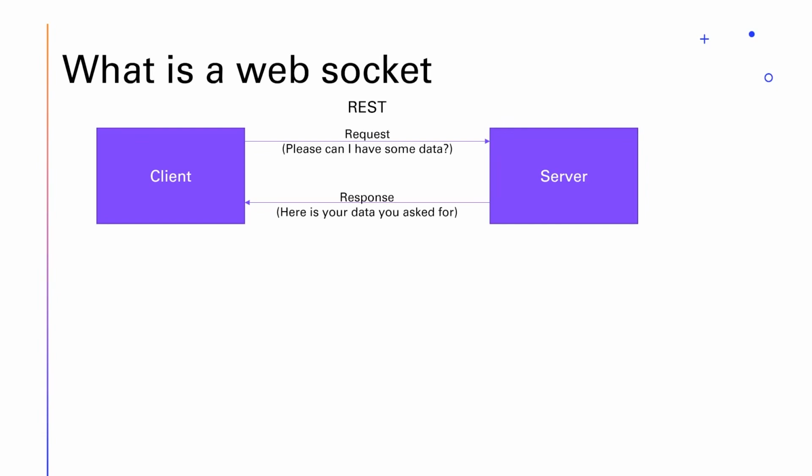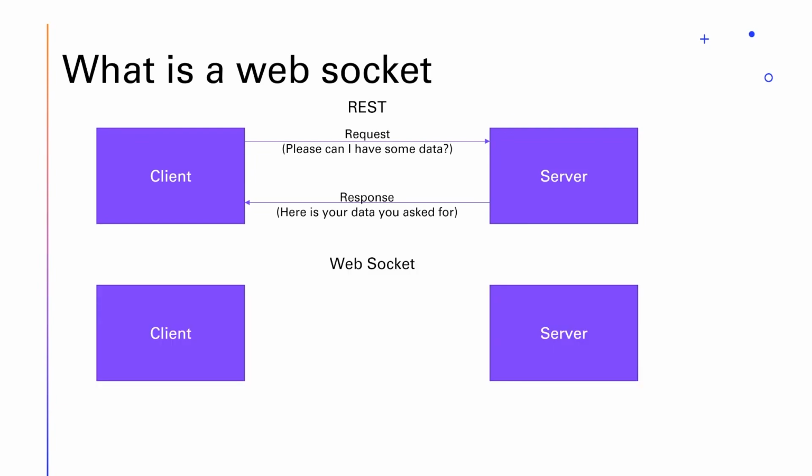Well, that's what WebSockets come in and fix. With WebSockets, you've got your client and your server as before, but the first thing you send is actually a request to open a connection. It starts getting very low level here, which even I'm not advanced enough to really explain, but over HTTP you usually send a request and get a response.